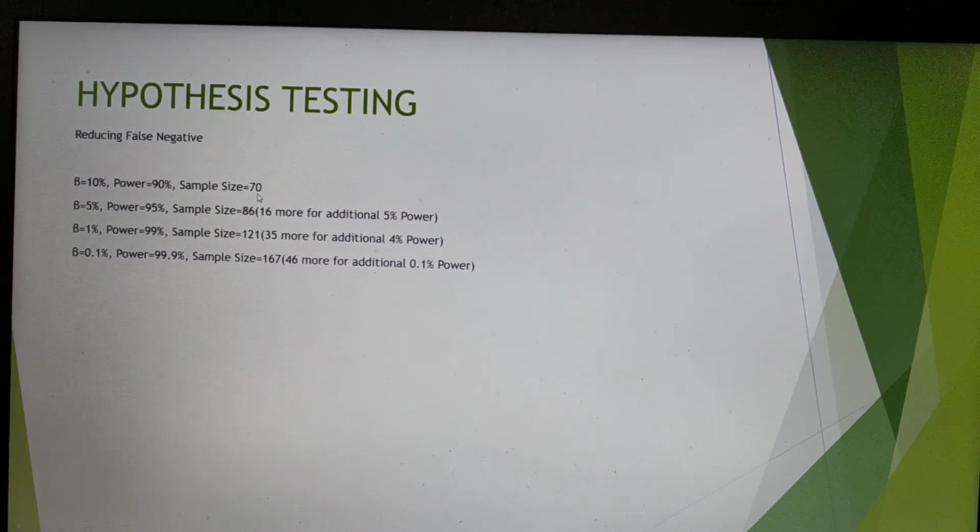So then we have to decide whether we have to go for beta is equal to 10% or beta is equal to 0.1%. What is the requirement of the test? What are we doing with the test? So these things will determine what to choose as alpha and beta. If nothing is given, then it is very safe to assume that alpha is equal to 5% and beta is equal to 10%. That's the industry standard that we will follow unless there is some special requirement.